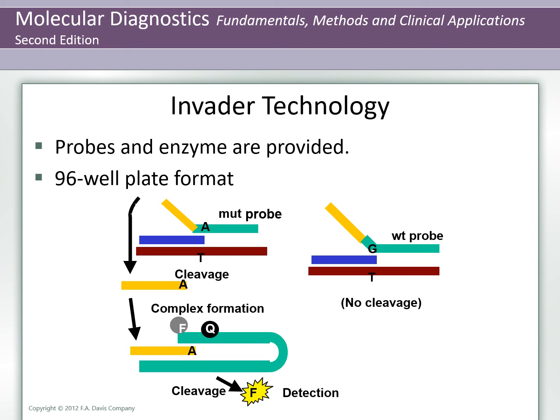The enzyme removes the flap sequence, which forms another hybridization structure with a labeled probe. The second cleavage releases the fluorescent dye from the vicinity of the quencher on the probe, and the fluorescent signal is then detected. If the template does not match the probe in the first hybridization, no cleavage occurs, and then no signal is subsequently detected.